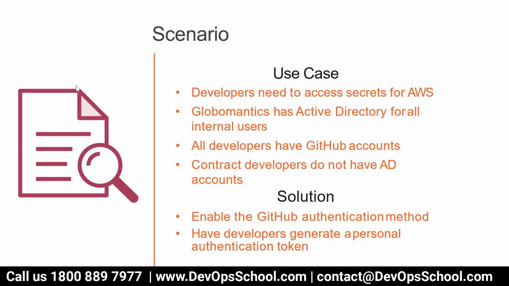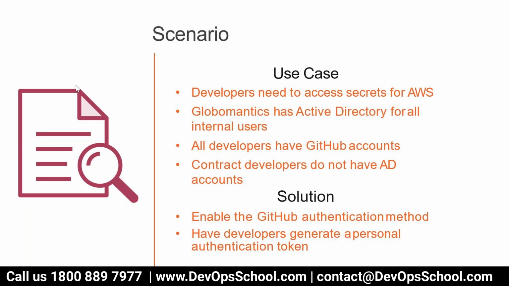All developers have a GitHub account also, and contract developers do not have an AD account. In this situation, what is the best authentication method? Enable GitHub authentication, because all developers have a GitHub account and contractors do not have AD. So don't go for LDAP, go for GitHub. Enable the GitHub authentication method. Have a developer generate a personal authentication token.